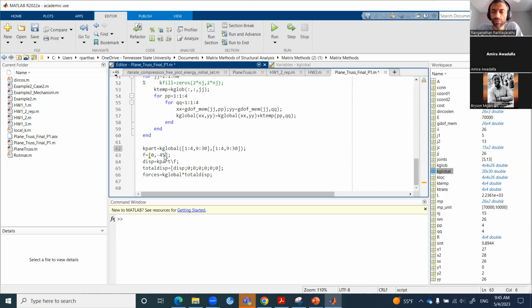Zero, negative 45, 0, 0, and so F5, F6, F7, F8 are unknown. Then 0, 0, 0, negative 45, 0, negative 90, 0, negative 90, 0, negative 90, 0, negative 90, 0, negative 90.